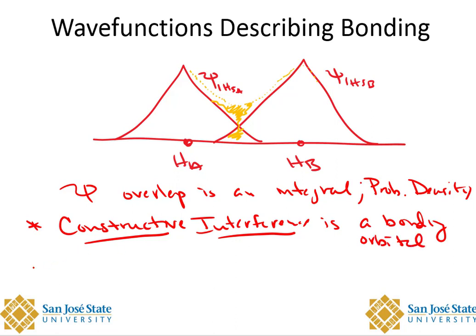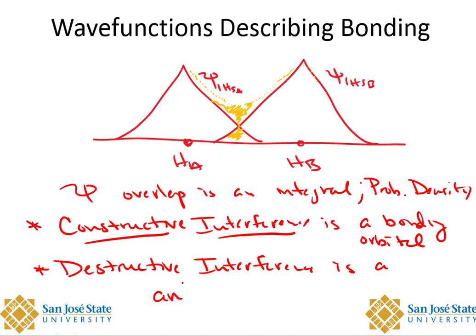And in the same vein, just like we can have the constructive interference of waves in the ocean or in sound, we can also have destructive interference of our wave functions and that is an anti-bonding orbital. And you may have seen this earlier. This would be something similar to a sigma star or a pi star orbital.